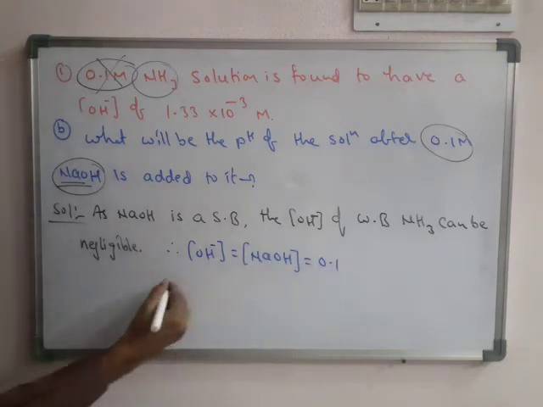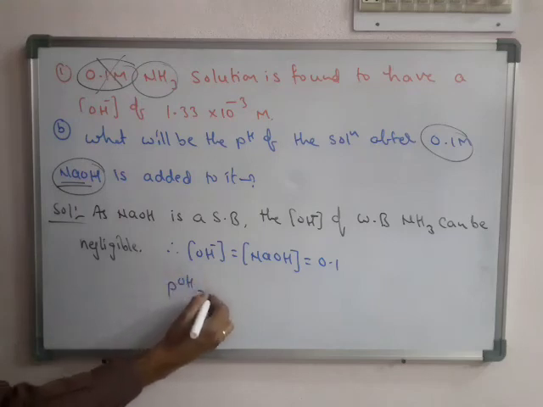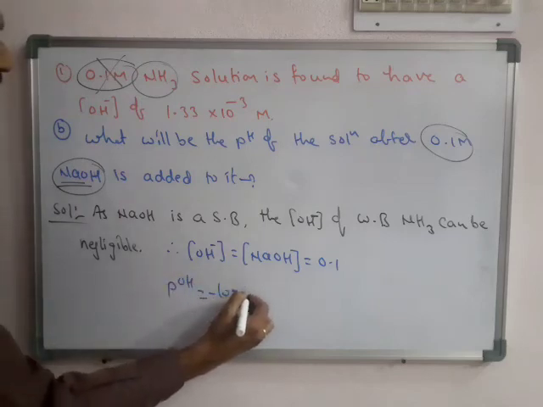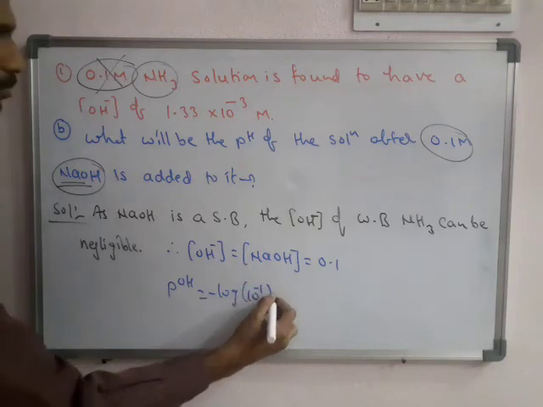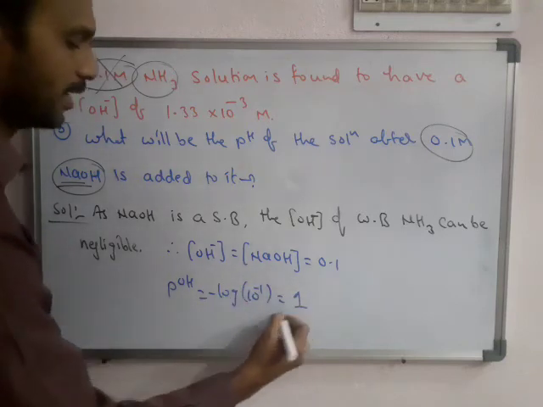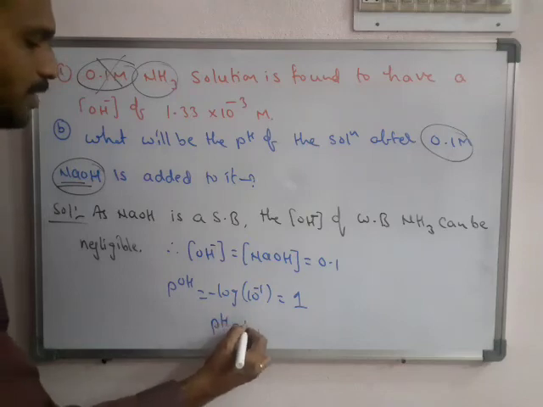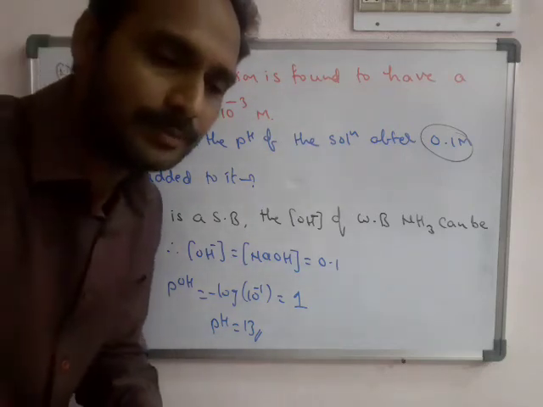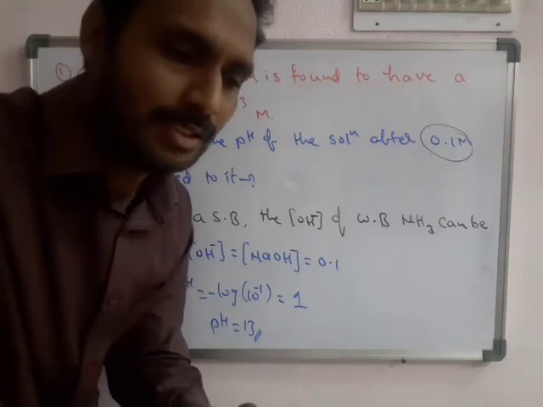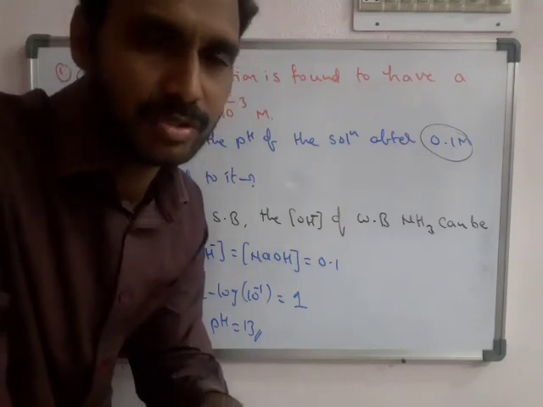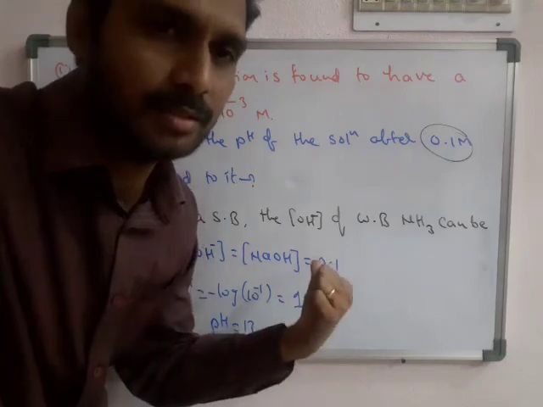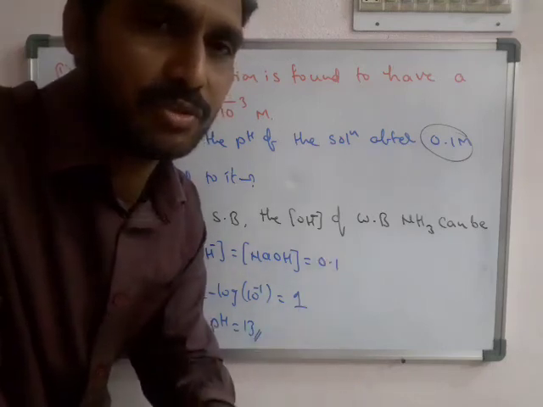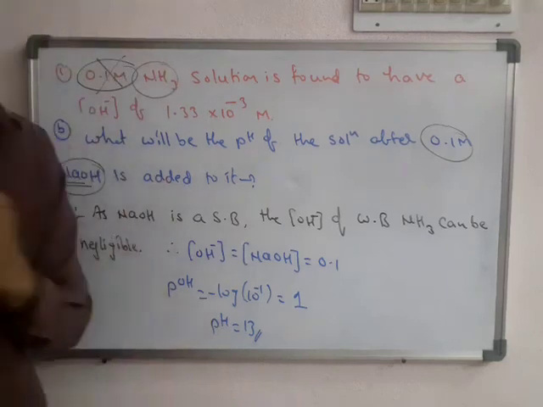Its acidity is also 1. Directly we calculate pOH equals minus log 0.1, minus log 10 power minus 1, so pOH becomes 1. So the pH value becomes 13. So when it is a strong base, the pH value is 13. We just have to remember that due to the presence of a strong base, the OH minus concentration of the weak base is neglected.